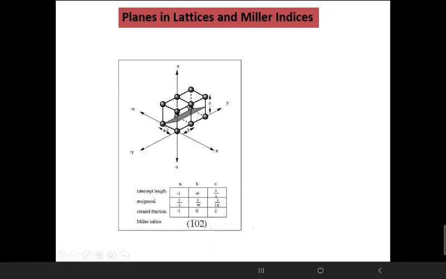Here it cuts at point 1, here it cuts at point half, but the plane is parallel to the y axis, so it does not cut in the y axis. So -1, infinity, half. Now find the reciprocal: -1, 0, 2. Within the bracket, we do not use -1. Instead of -1, we use a bar. So bar 1, 0, 2. That is the Miller indices.